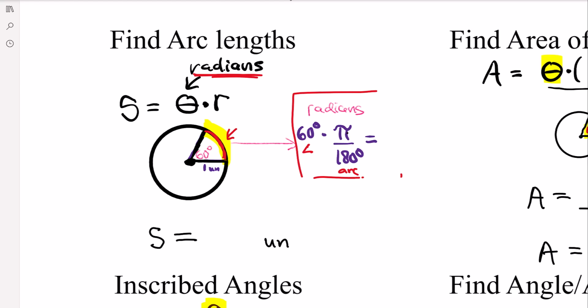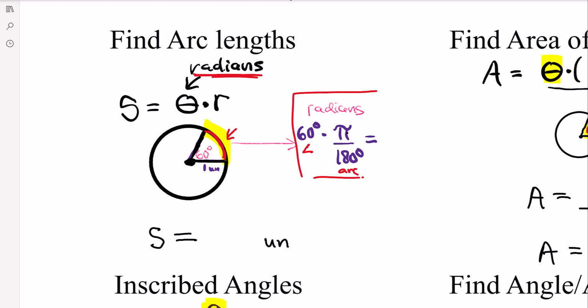At least that's one way to do it. Some people do 2 pi divided by 360, but that simplifies to pi over 180. So I just want you to do it like this.